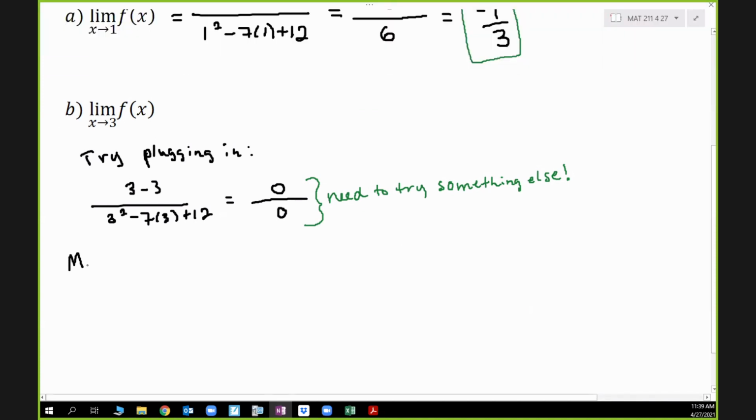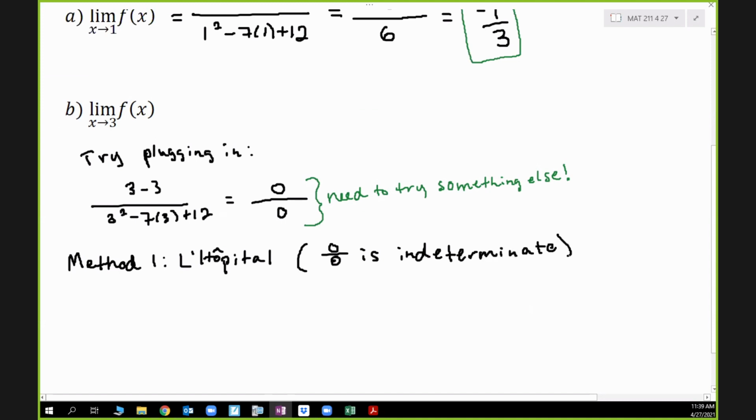So one method to do this would be L'Hopital. Because it's an indeterminate form, 0 over 0 is indeterminate. So we use L'Hopital for 0 over 0 and infinity over infinity.